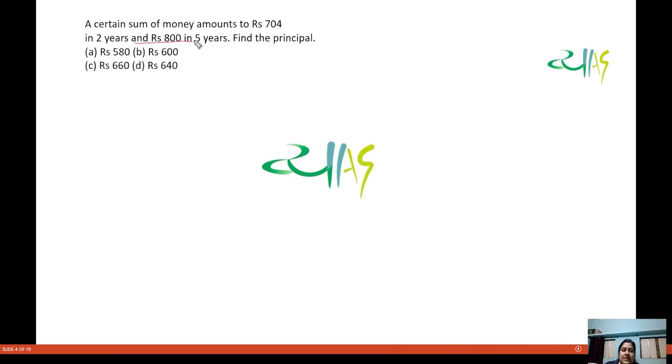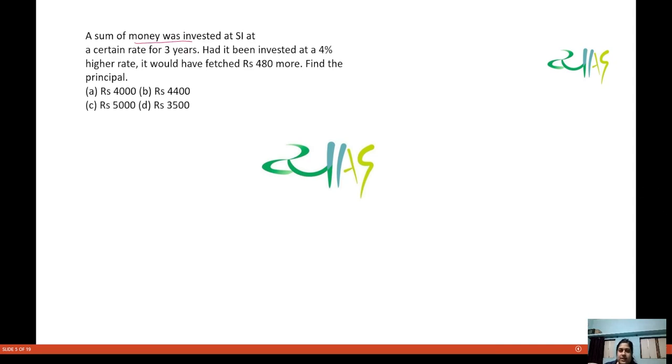Now look at this. A sum of money was invested at simple interest at a certain rate for 3 years. Had it been invested at a 4% higher rate, it would have fetched 480 more. Find the principal. So there is a certain rate R and some principal, which we don't know.